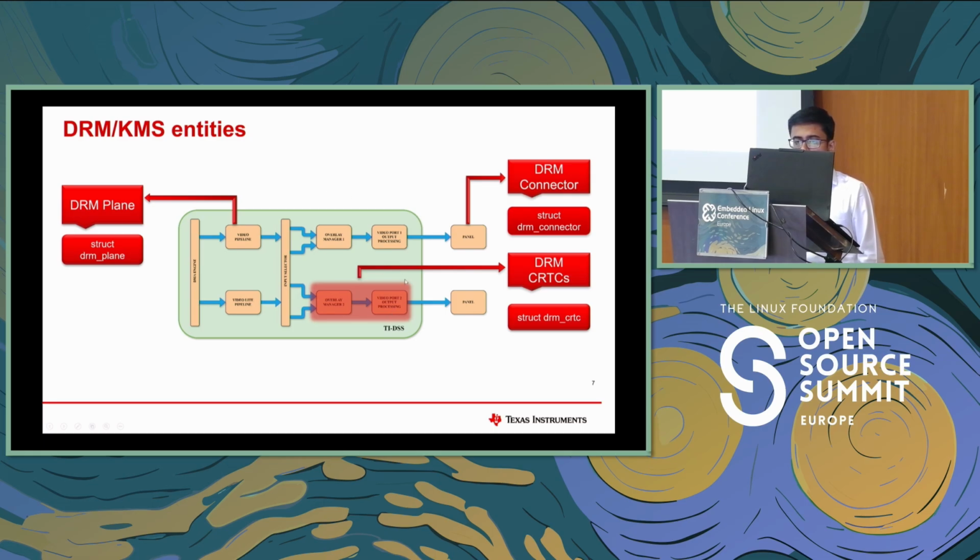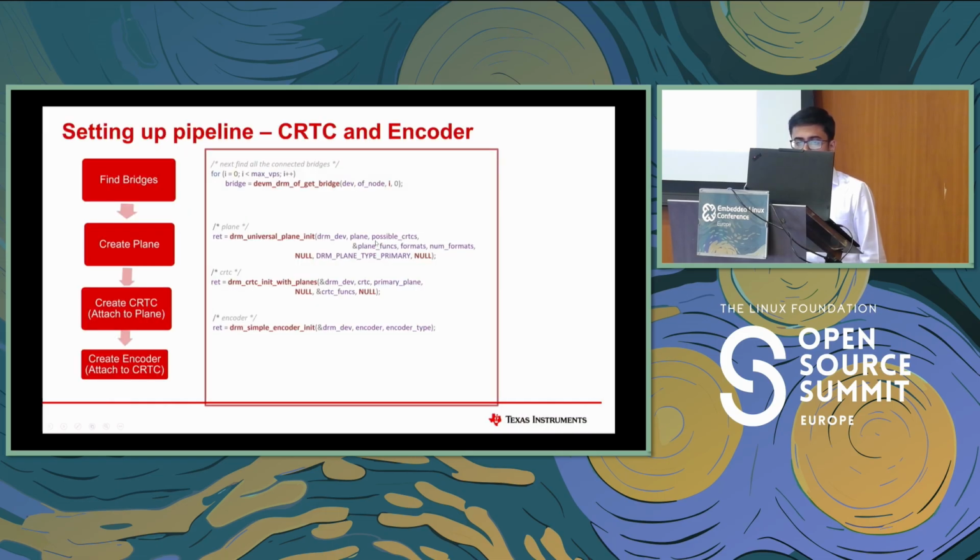Based on this, we'll create multiple display pipelines, iterating through each video port. We'll find out what bridges are connected to those video ports. This is usually done using the device tree topology. In the device tree, we would have specified what bridges or panels are connected to the video ports. We iterate through all of them and save the bridge pointer.